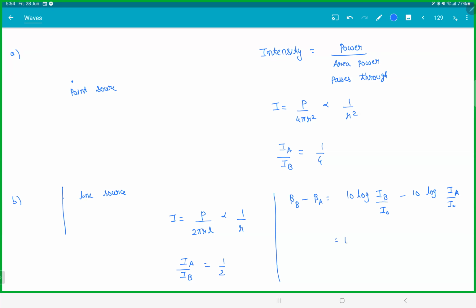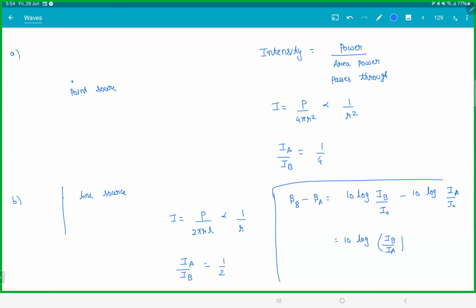When you divide them, it becomes 10 log IB by IA. There you got the difference. Substitute and get the answers. One will be 10 log 3 and one will be 10 log 2 and 20 log 2.